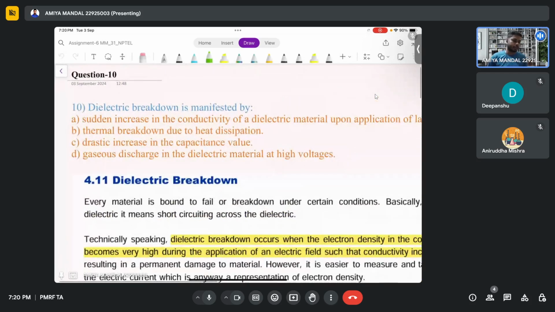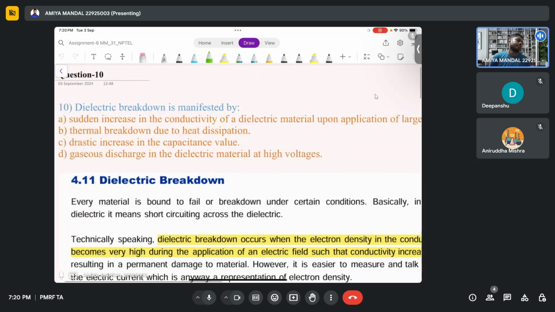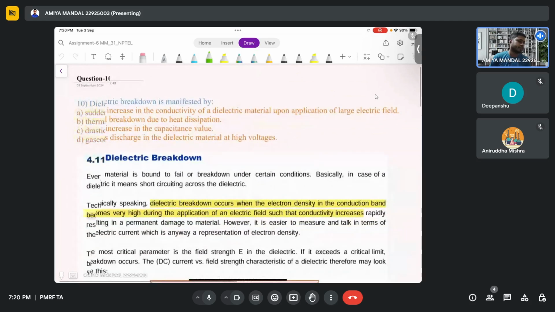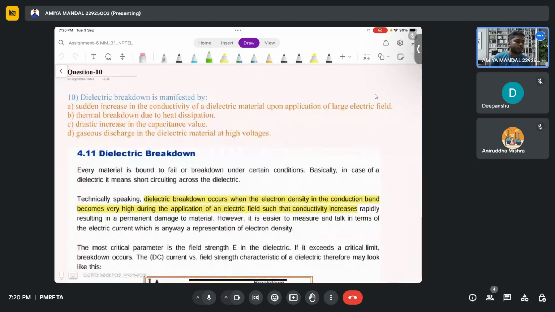Where is dielectric breakdown manifested? There are 4 options: sudden increase in conductivity of the dielectric material upon application of a large electric field, thermal breakdown due to heat dissipation, drastic increase in the capacitance value, gaseous discharge in the dielectric material at high voltages.